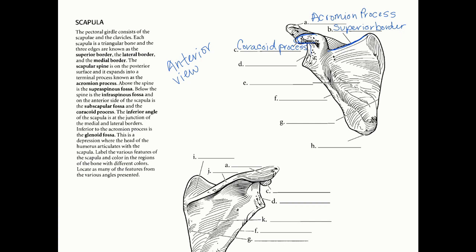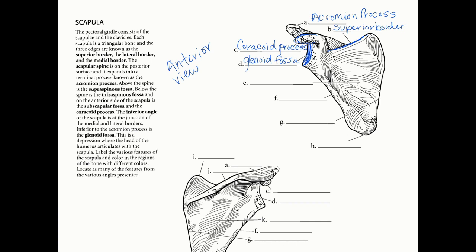D, we're looking at this flat region here. This is the glenoid fossa. Fossa is referring to a smooth, flat area.